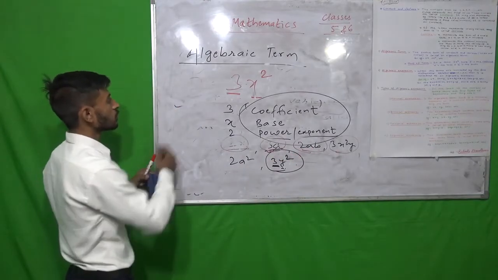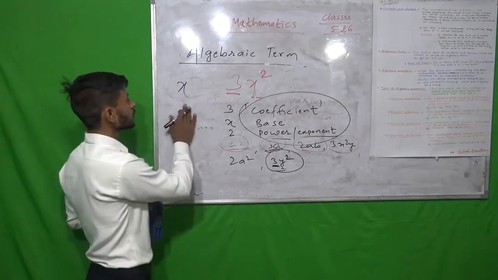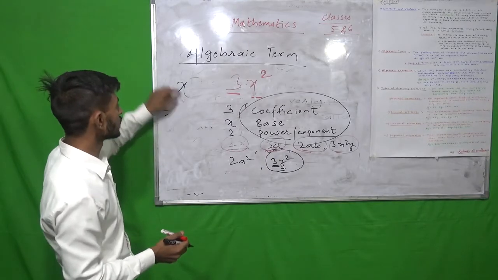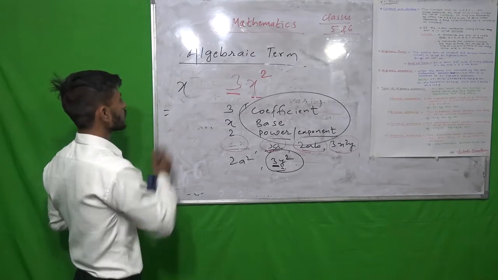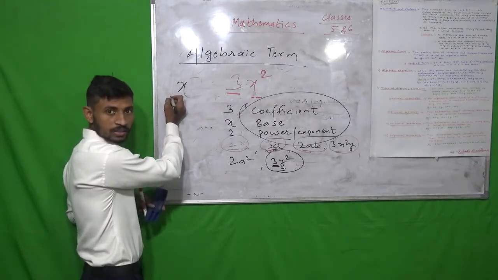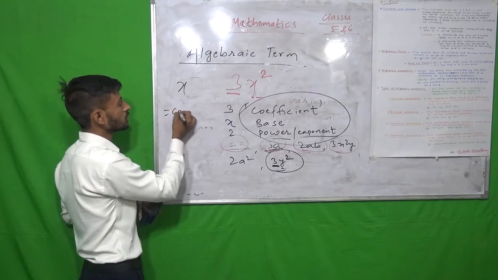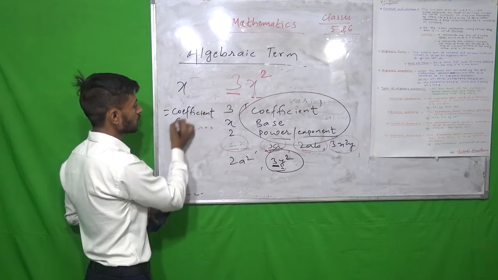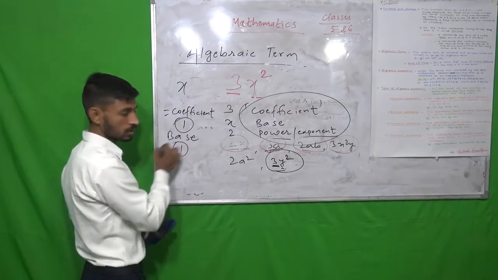So if a term is only x, then what is the coefficient? Here only x. This means 1x. So 1 is no need to write here. 1x means x. So here the coefficient is 1. Base is x.